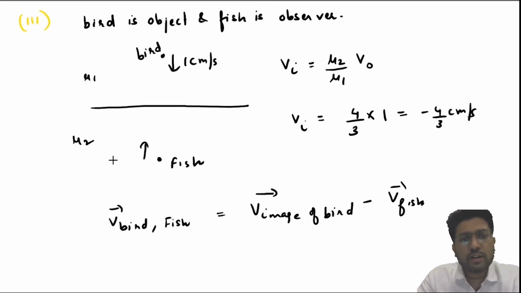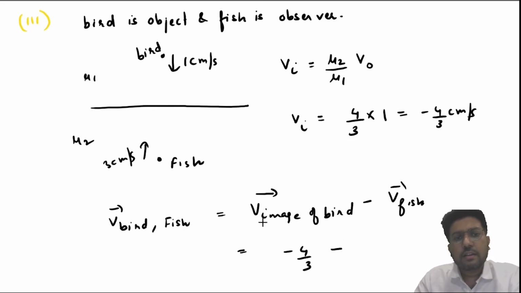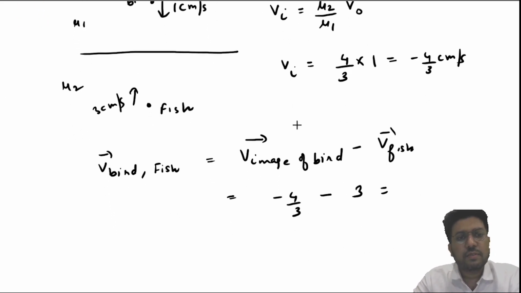Fish is moving upwards with 3 centimeter per second. So the velocity of image of bird is minus 4 by 3 and velocity of fish is plus 3. So from this you will get minus 13 by 3 centimeter per second. This is the velocity of bird as seen by fish.